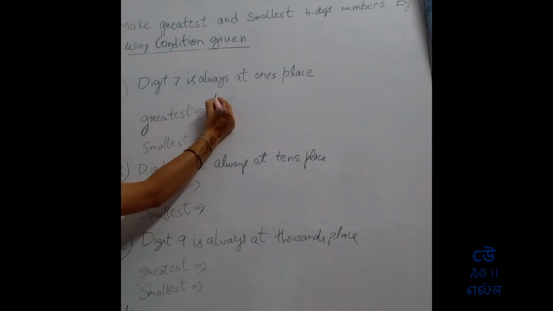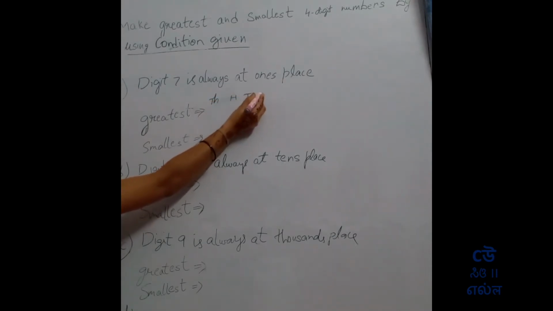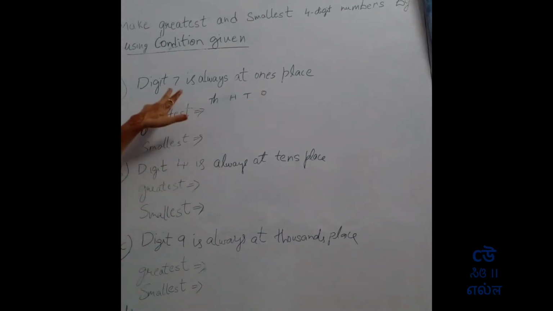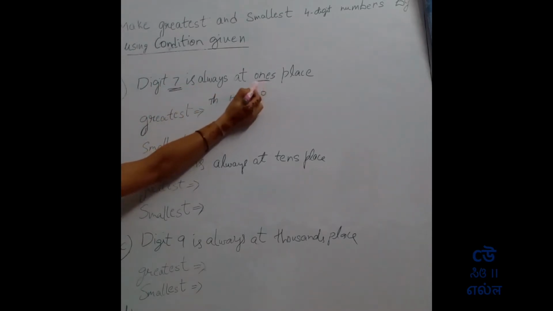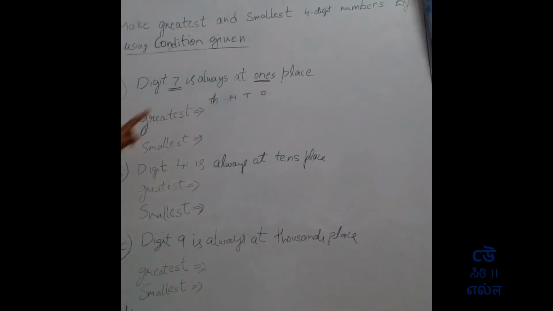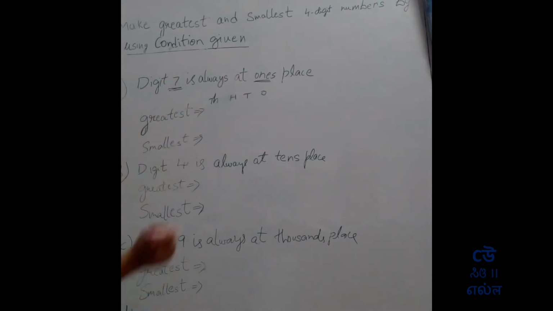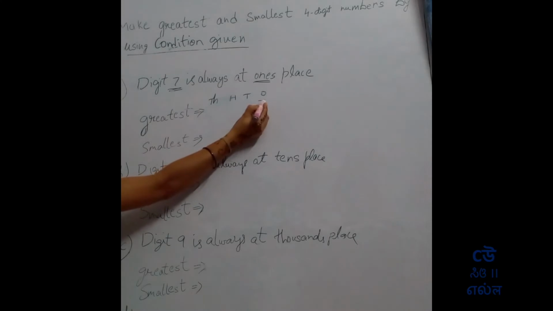So you can write it down: thousands, hundreds, tens and ones place. So the condition is what? Mark the condition: 7 should always be in ones place. So 7 is in ones place.